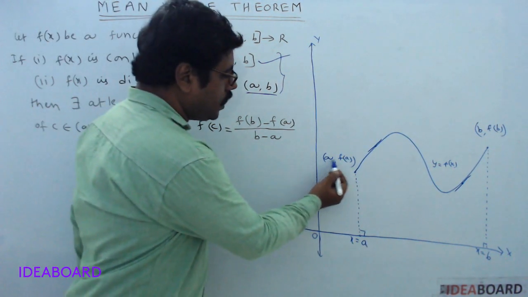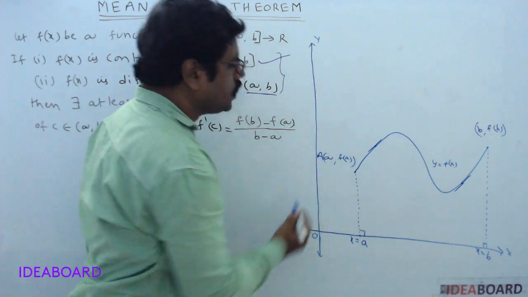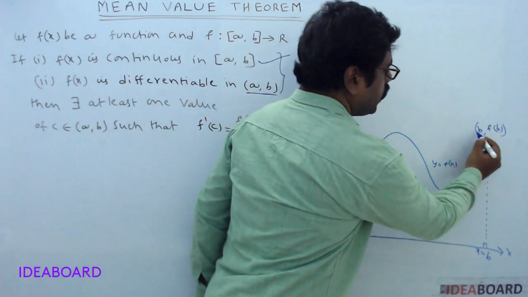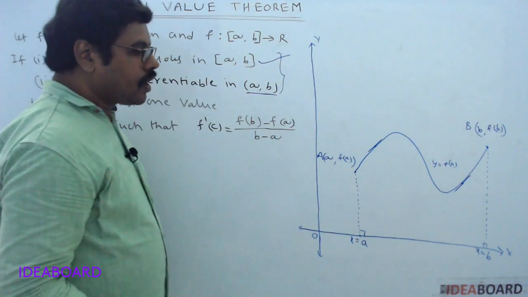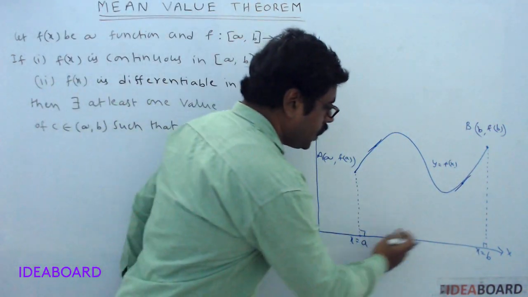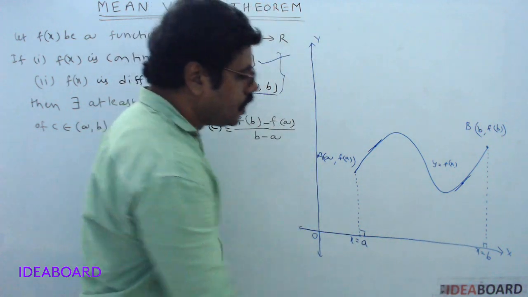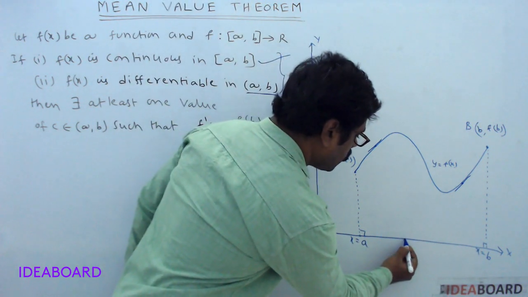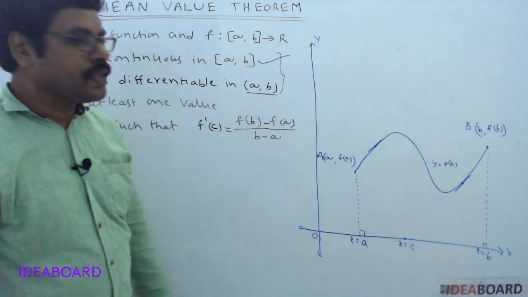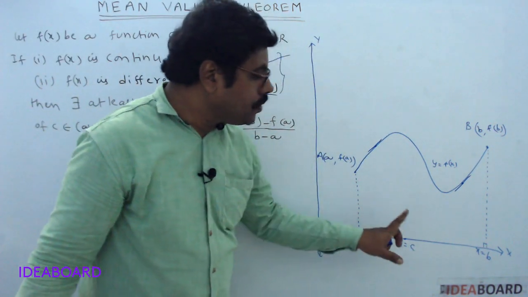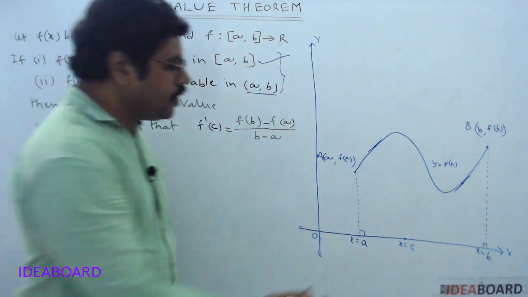Now denote this point (a, f(a)) with capital A, and denote this point (b, f(b)) with capital B. Now take a point between x equals a and x equals b, let it be c, that is x equals c. So c is a point between a and b.